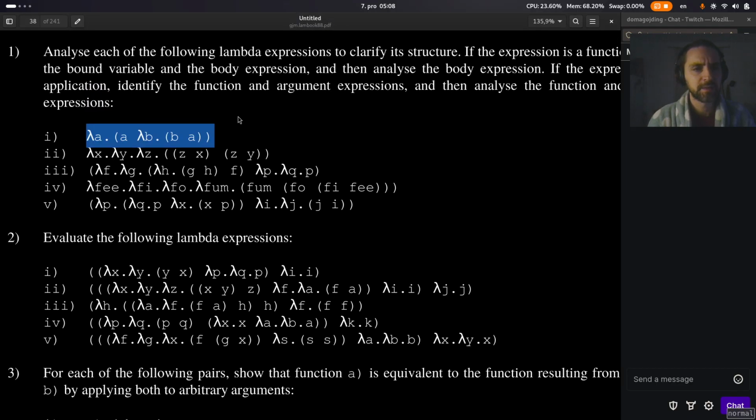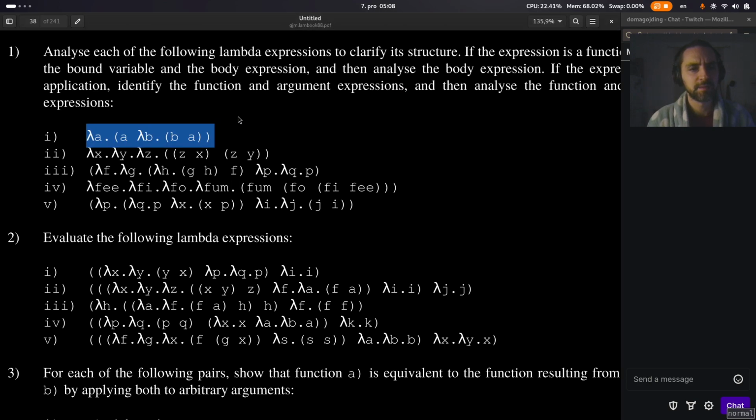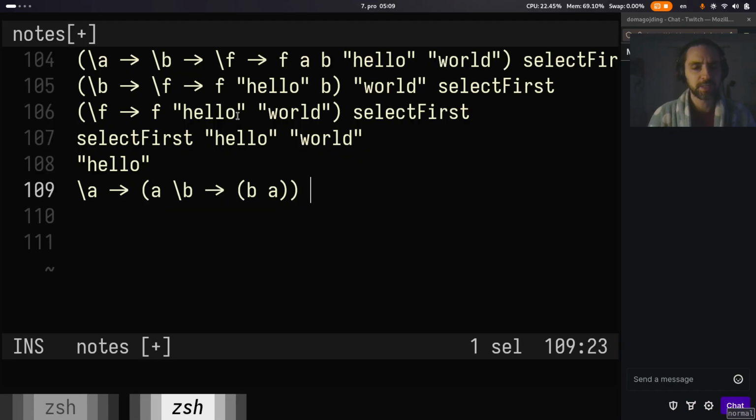Lambda a, we have a dot, so we put this, and then what? A, and then we have a lambda b, and we have this, and then we have a BA. Right, so let's apply maybe X and Y. Or that's too confusing.